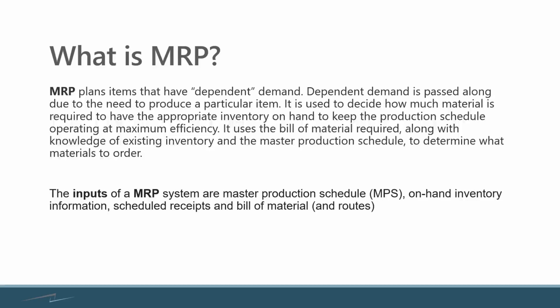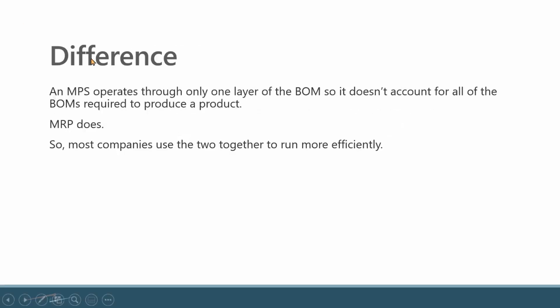So an input of an MRP is your MPS, it's your on-hand inventory, it's what you have coming in, your scheduled receipts, either from purchase orders or production orders or transfer orders, as well as your structure, your bill of materials, and your routes.